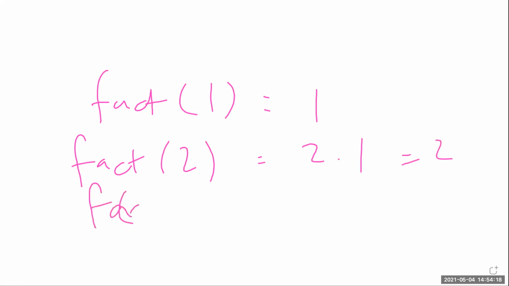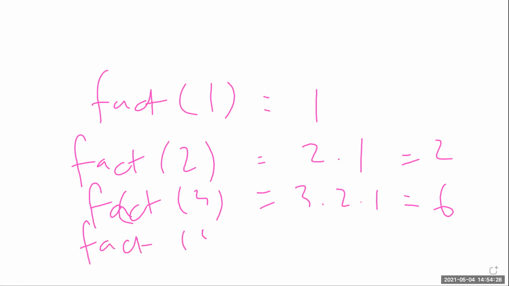Factorial of 3 is 3 times 2 times 1 equals 6. Factorial of 4 is what? 4 times 3 times 2 times 1 equals what? 6 times 4, 24.